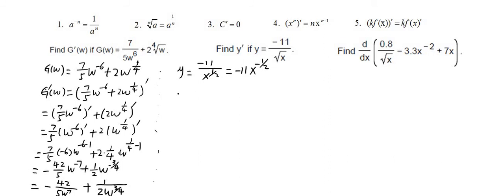Now we can apply the power rule, or the constant multiple rule. We have the constant negative 11, and do the derivative only for the function, and we can simplify it.